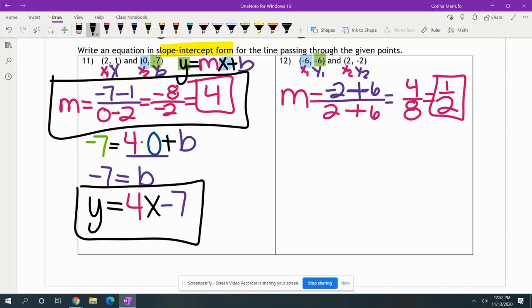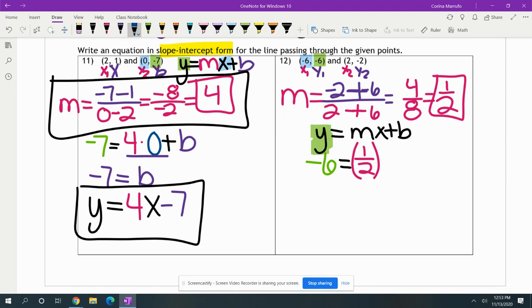So I am going to write it in the formula y equals mx plus b. So we already said that our y here is -6. So I'm going to put a -6 here. Equals. Our slope m, we said, or we found, was 1/2. And then we're going to multiply that times x.